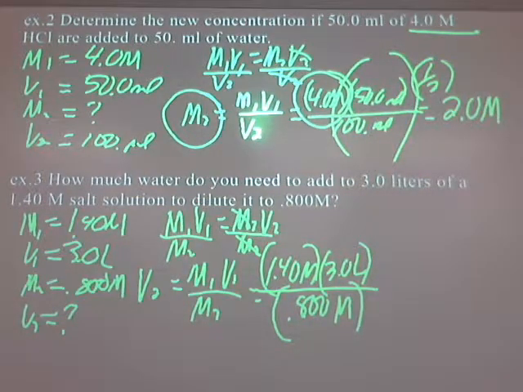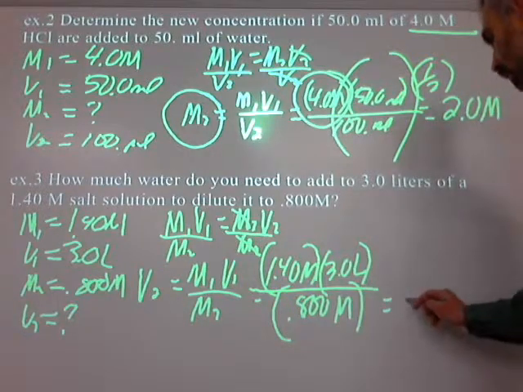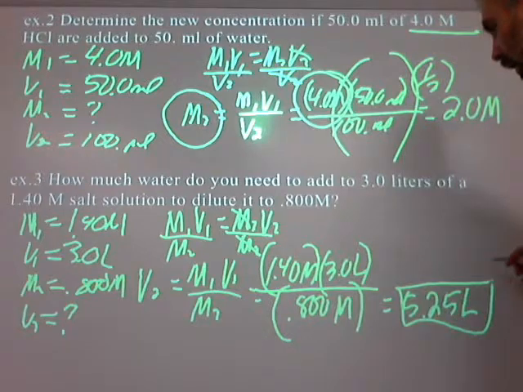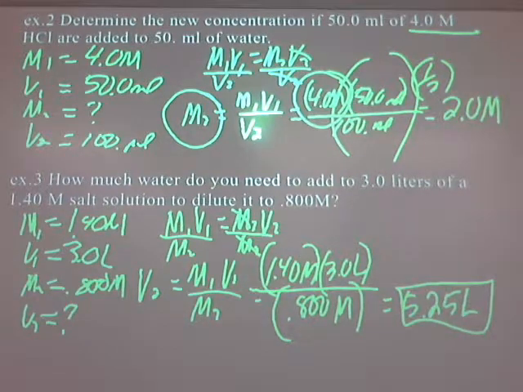Now, what do you get for that answer? 5.25 liters. But you're only adding. Right. As I say, that is not the answer. That is the answer you get to the calculation.